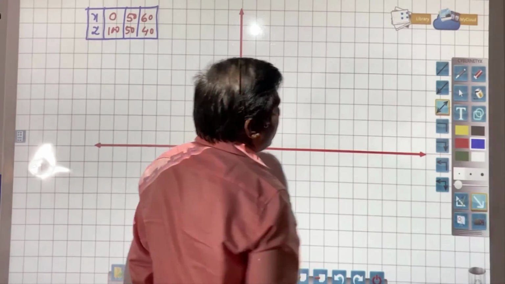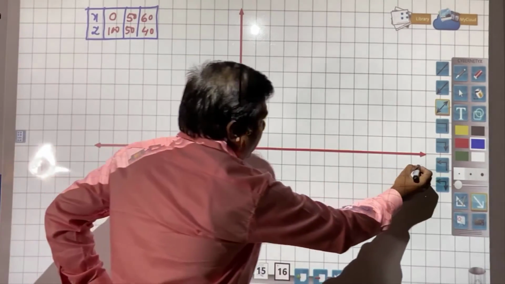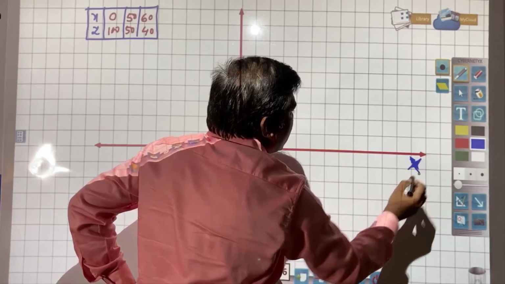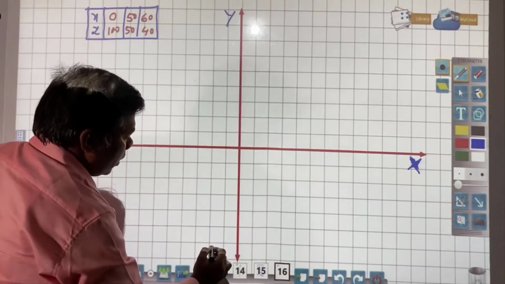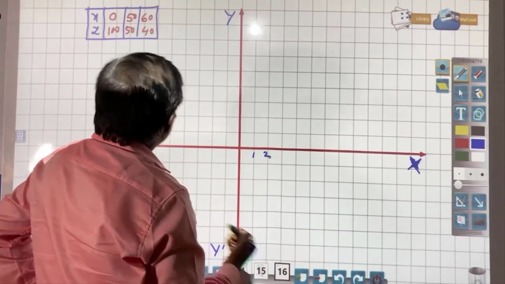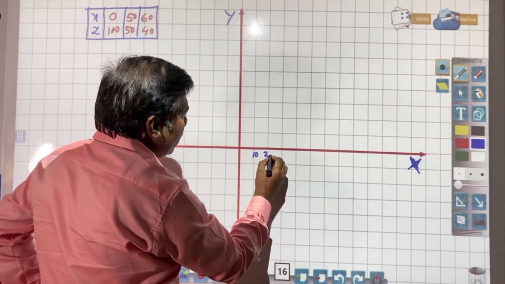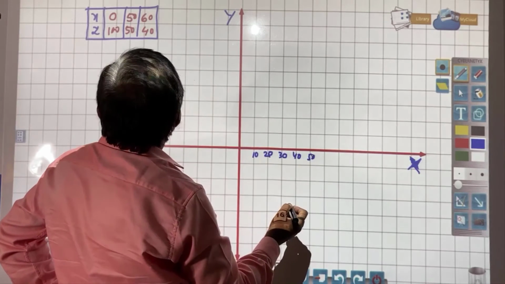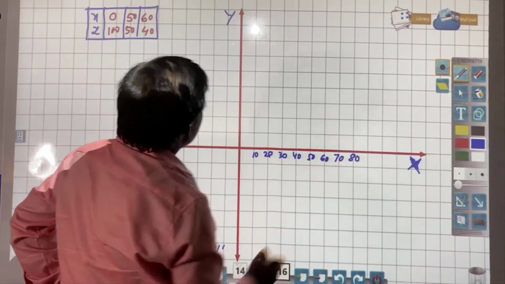Now this is again, you can write X, this is X dash, Y and Y dash. This is 1, 2, or because number is bigger, so it is better you assume 10, 20, 30, 40, 50, 60, 70, 80 and so on.